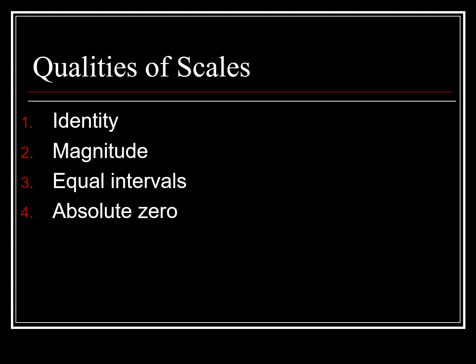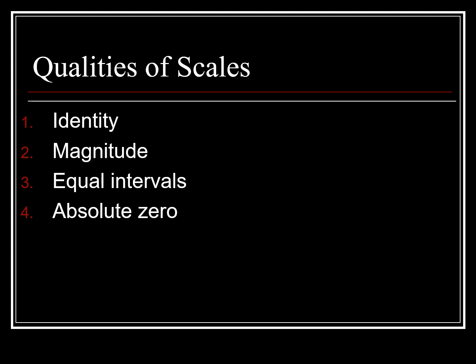Absolute 0 is usually going to be behavioral count or physical scales. In other words, when we're talking about absolute 0, it is the best type of scale. The numbers have equal interval, they have magnitude, and they have identity. And they also mathematically mean 0. So if you say, how many books have you read last month? And you read 0, the 0 means something. 0 is 0. 3 is 3 books. 7 is 7 books.